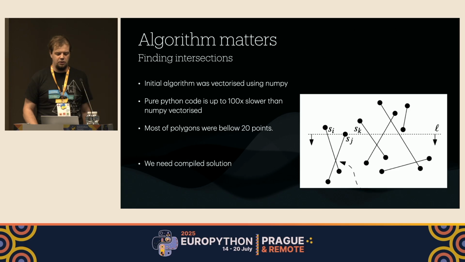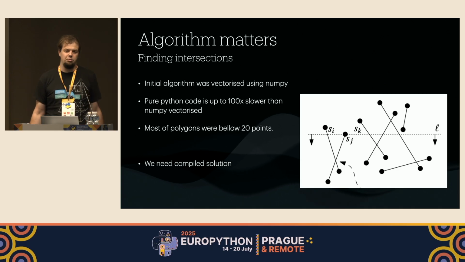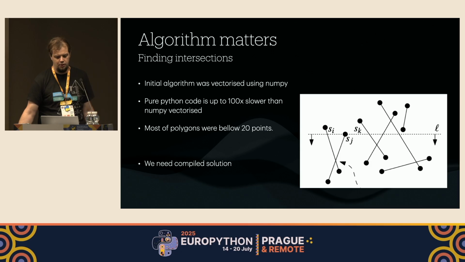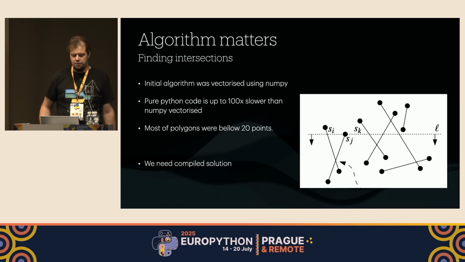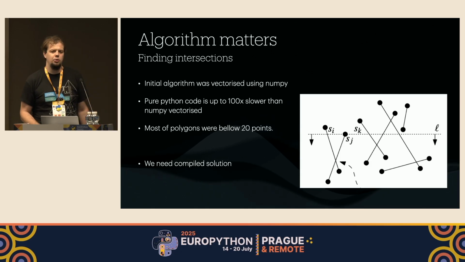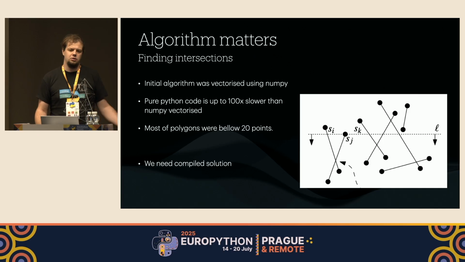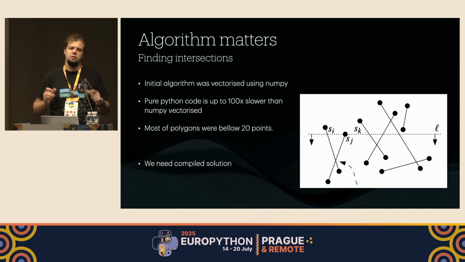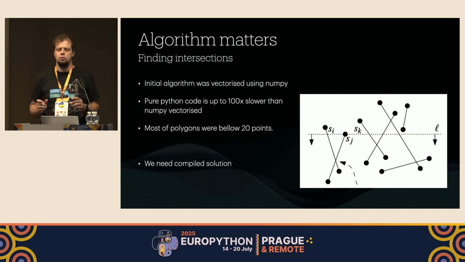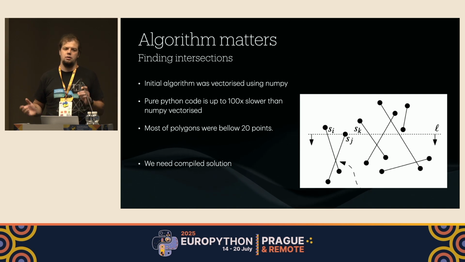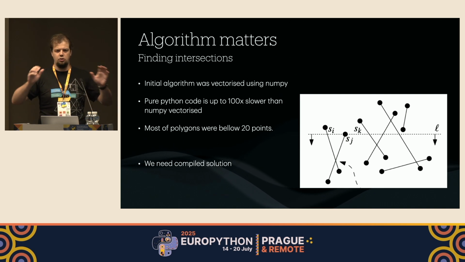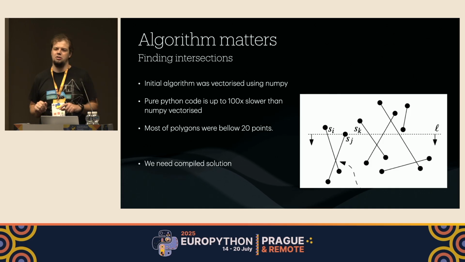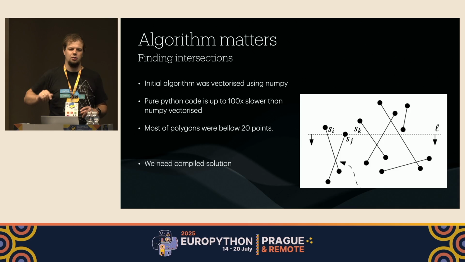Okay, so what I said earlier, that it's vectorized using NumPy, gave us this 100 times speed up. And most of our polygons are small, below 20 points. This is why I said that many optimizations might depend on your data. Sometimes you don't want to use the fastest algorithm, because you know there's this theoretical big O notation about complexity, but this theoretical big O notation does not take care of the constant of the algorithm.